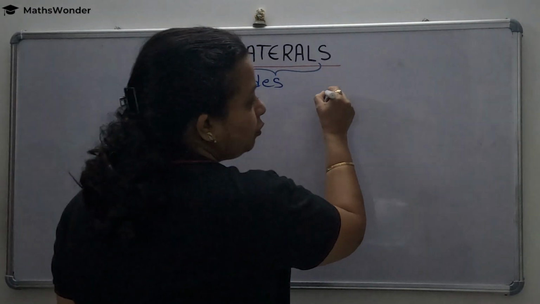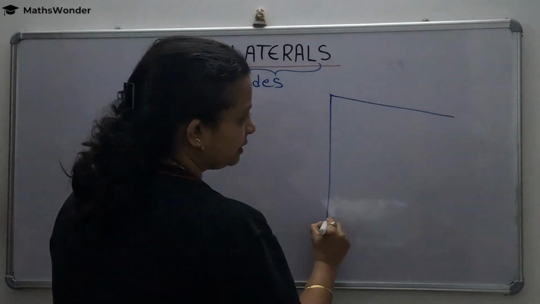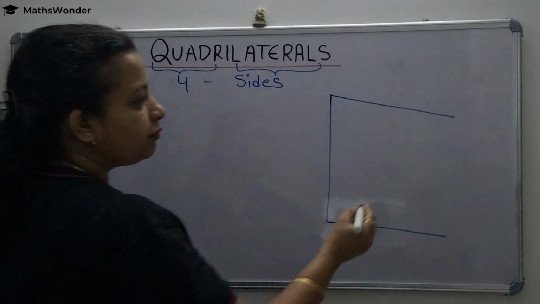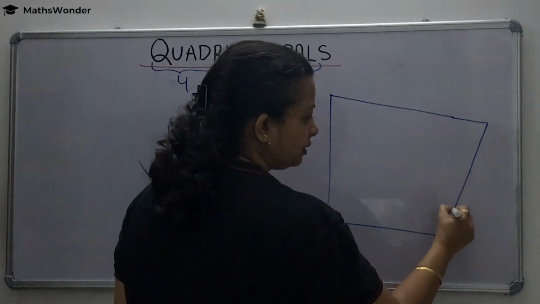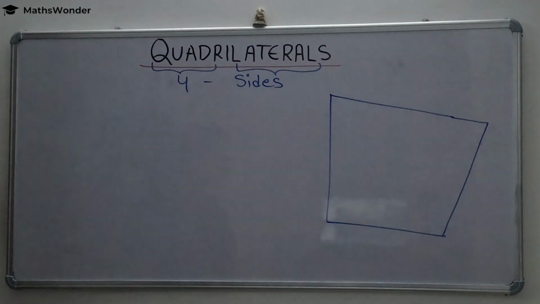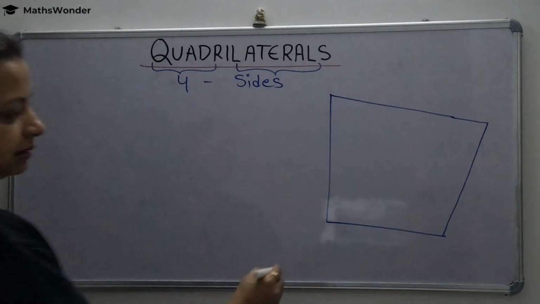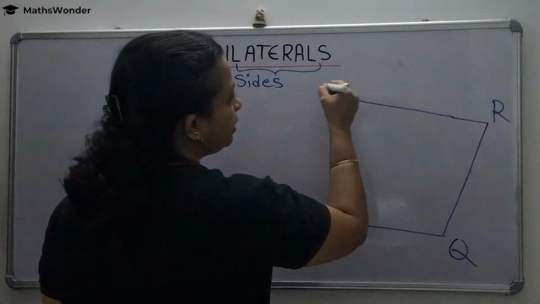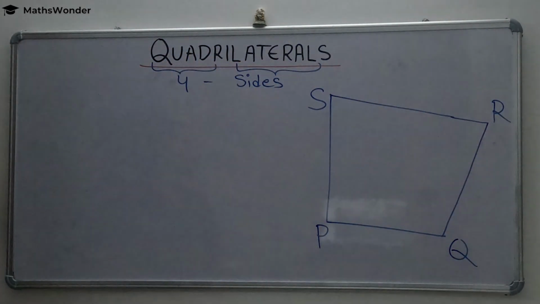Now, suppose your figure is, you can draw any type of quadrilateral. Suppose this is your quadrilateral, P, Q, R, S. It is very important to give names. Now, how many sides are in this quadrilateral?